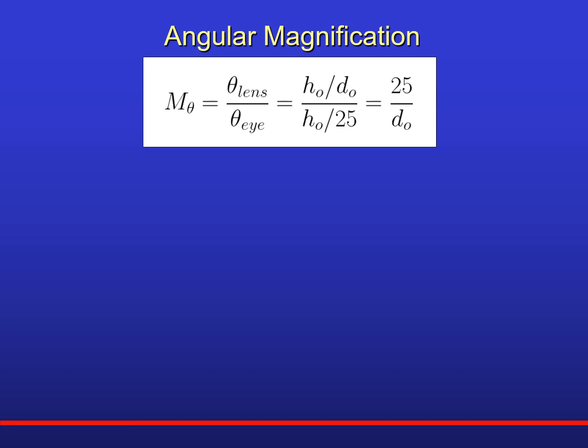With a lens, it's HO over DO divided by the eye, HO over 25. The HO cancels out of that equation, and you're left with 25 over DO. You say, wow, I guess there's no limit to how close I can bring it. Well, yeah, the value of DO is going to determine where the image is and whether you can focus on it or not.